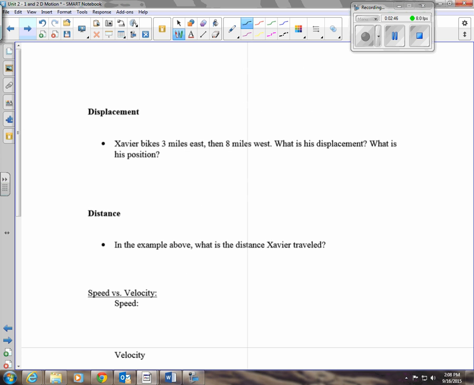Now, displacement. Displacement is defined as the change in position. So it's delta x. And I can find it by doing final minus the initial. So we've got this person going 3 miles east, so it starts here someplace. There's 3 miles this way. Turns around and goes 8 miles that way.